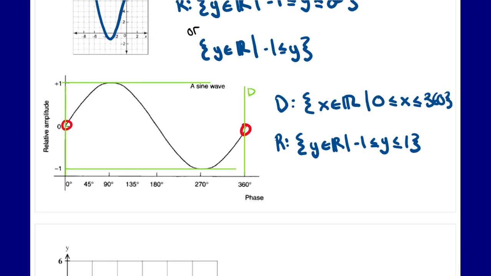Or what are these kind of restrictions? Domains for the horizontal or from the x values, and range coming from the top and the bottom. Domain left and right, range top and bottom. Right, so different ways you can think of it.